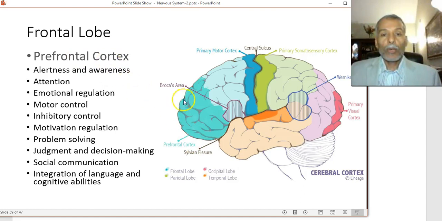Then the prefrontal cortex, that area here, roughly the green area, is responsible for your consciousness, for your awareness and alertness, for decision making, for working memory, attention, your emotional regulation and control over your emotions, inhibiting language, or language inhibition.